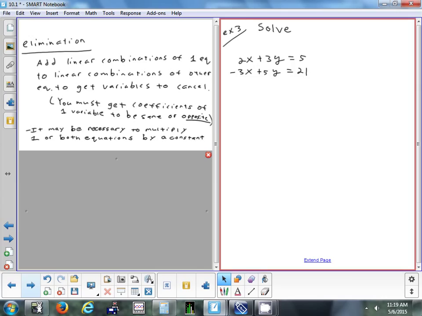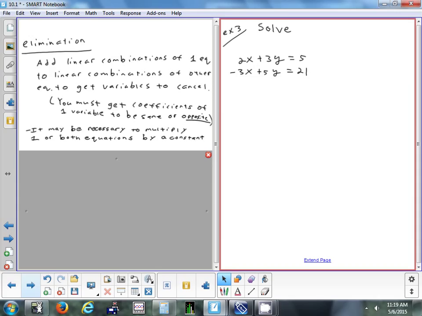All right, so if you look at the coefficient of x's, you have a 2 and a negative 3. You're trying to think of a number that both 2 and negative 3 divide into without a remainder, if you want to get rid of the x's. If you want to get rid of the y's, you've got a 3 and a 5. You're trying to think of a number that both 3 and 5 divide into without remainder.